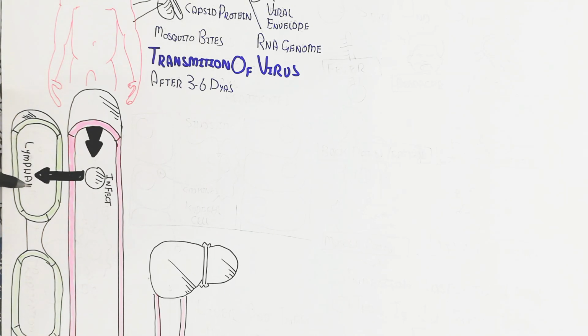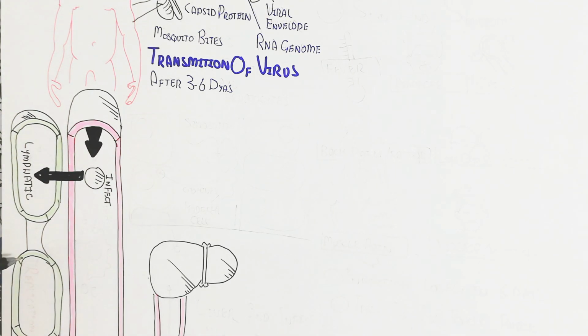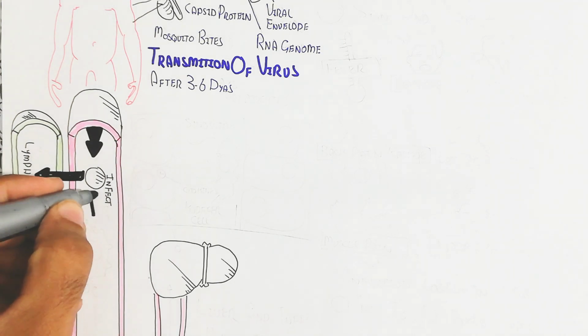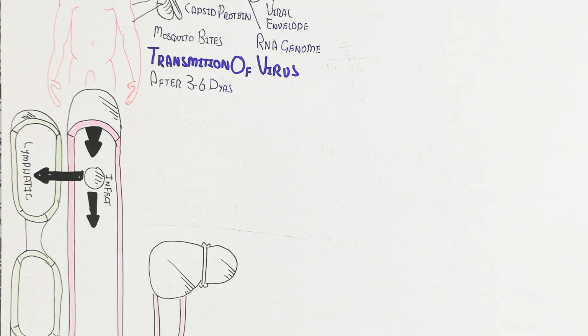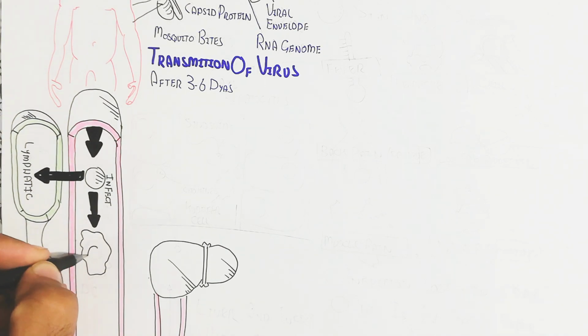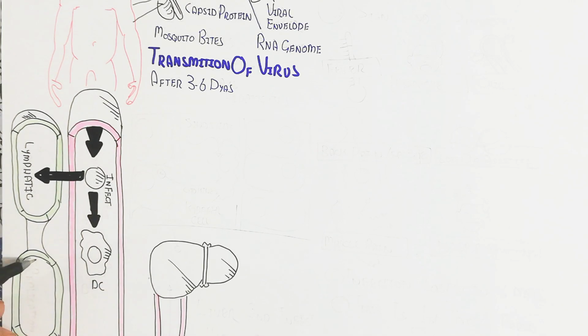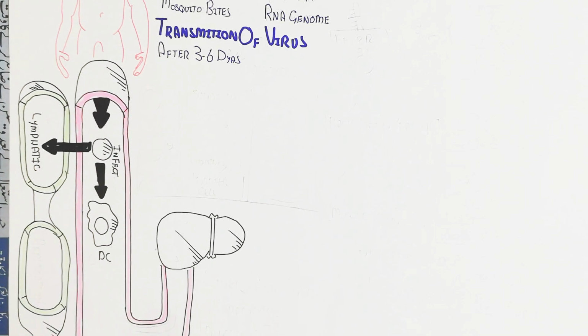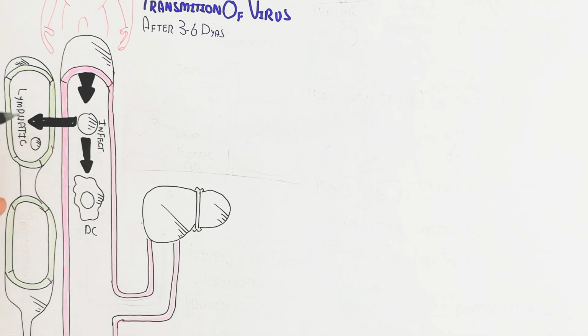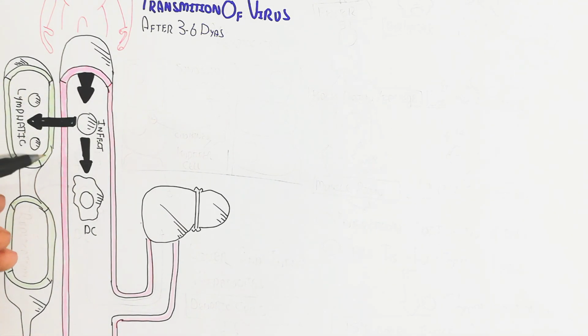and after the infection, it will go into the lymphatic system, into the lymph node, which is the replication site of this virus. The dendritic cell will recognize and become infected. The dendritic cell basically recognizes the pathogen, and even when infected it goes into the liver.